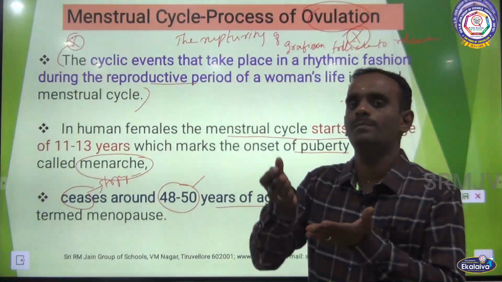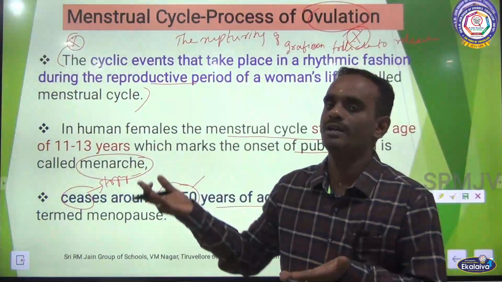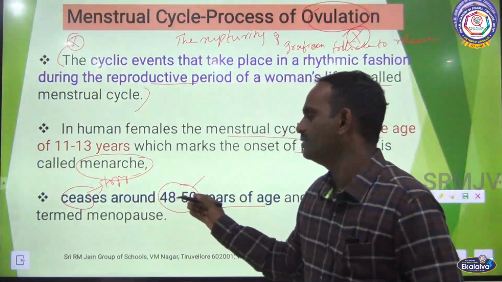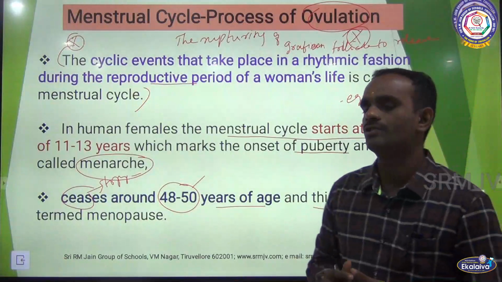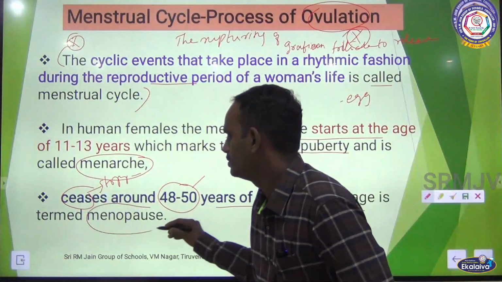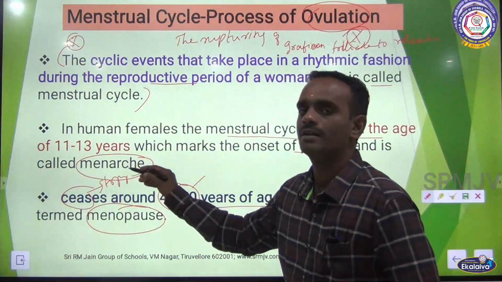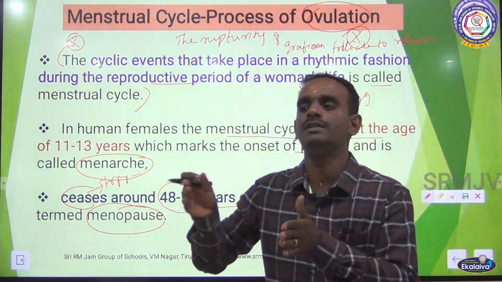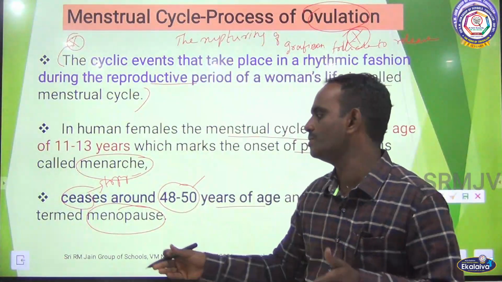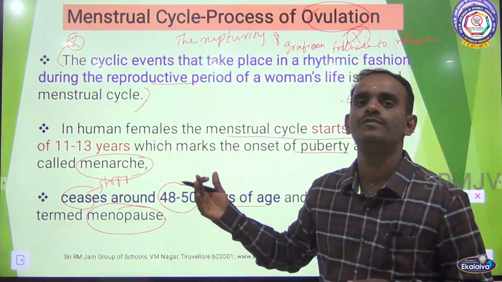It may vary from woman to woman. So it ceases around the age of 48 to 50 years, and this stage is called menopause. So menopause and menarche. Menarche is nothing but puberty. It starts from the age of 11 to 13 and it ends at the age of 48 to 50 years.